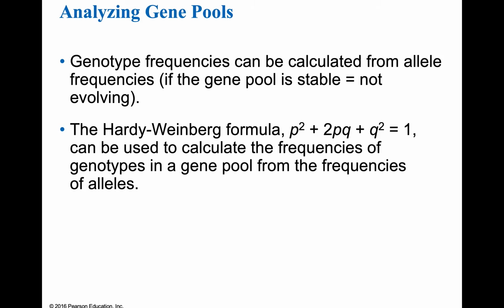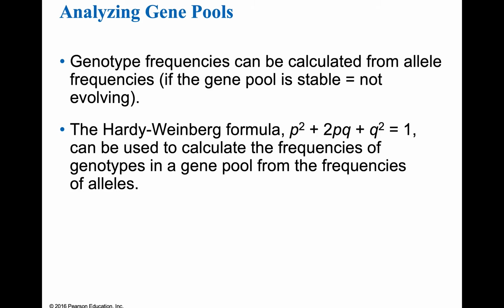Now what that formula says is that 1 at the end is 100% of whatever's in that gene pool in terms of their genotype, their genetics. So the Hardy-Weinberg formula is P squared plus 2PQ plus Q squared equals 1. Now notice the first bullet on the slide we're on.